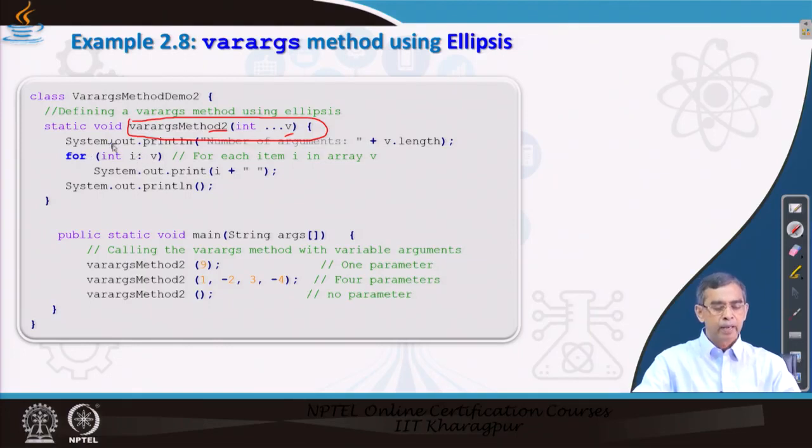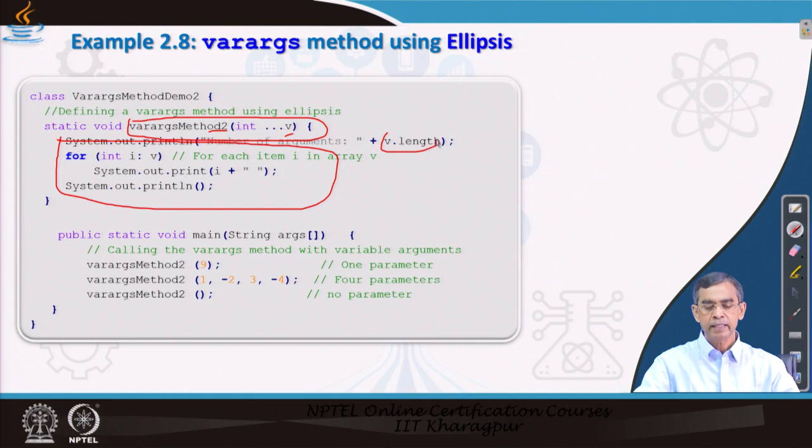Then here we have a simple statement printing the array of values that we pass to it, and v dot length is another value that we print. So, it is very simple: we pass an array, and in this method the array elements will be printed using a for each statement.